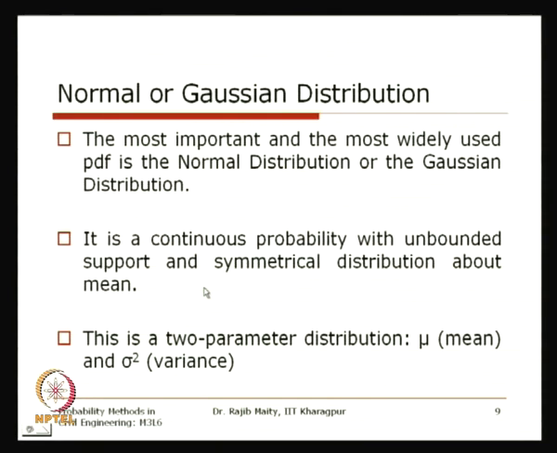These two properties are there, and this is again a two parameter distribution, where the mean is mu and the variance is sigma square. For the uniform distribution also we have shown that there are two parameters alpha and beta, which are basically the bounds for the distribution.